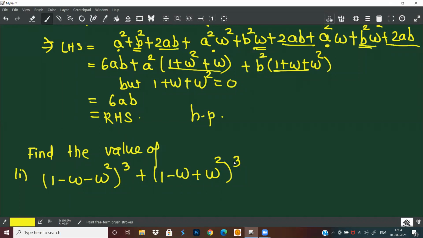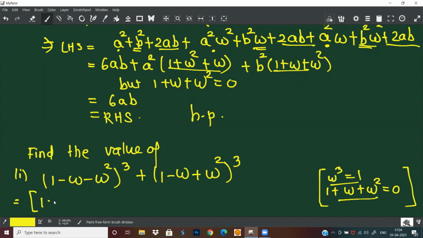This is very simple. See, you know only two things from complex cube roots of unity. यही यूज करना है, इसको ही ढूंढना है हर एक सम में. ये दोनों में माइनस साइन कॉमन निकालो तो अपने को मिलेगा ओमेगा प्लस ओमेगा स्क्वायर. ये देखो, एंड यहाँ ऑलरेडी प्लस वाले दो साथ में हैं.